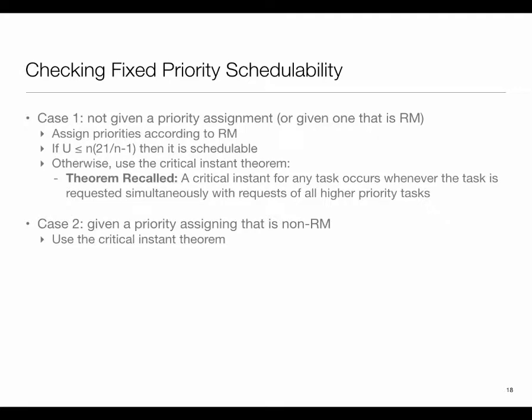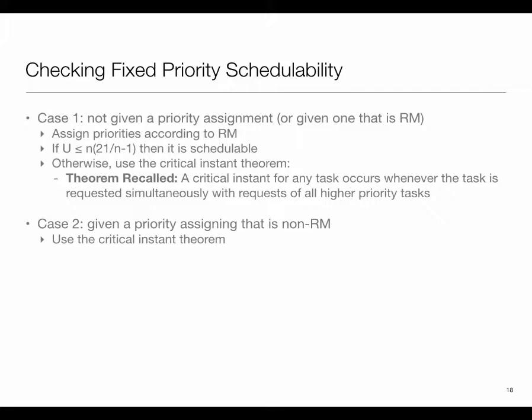So to summarize, to check fixed priority schedulability, there are two cases. Either you are not given a priority assignment, or you're given a priority assignment which is rate monotonic. So I give you a task set and either say I don't have a priority assignment, figure it out, or I give you one and it happens to be rate monotonic. Then you first check against this rule. If this is met, you know it is schedulable using rate monotonic.